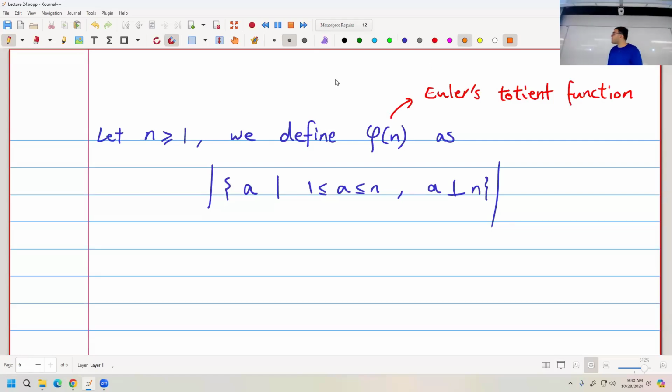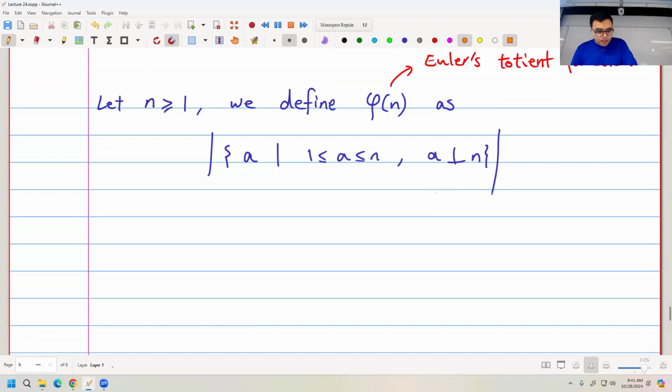Okay. So Euler's totient function takes a natural number n and maps it to the number of numbers between 1 and n that are relatively prime to n. So for example, if I want to find phi of 6, I can look at all the numbers that are smaller than 6, and I can just count how many of them are relatively prime to 6.